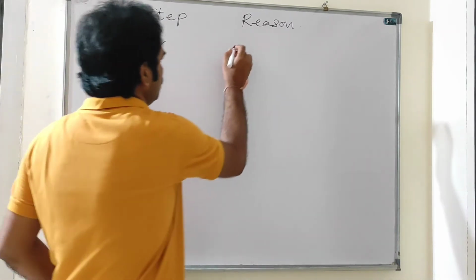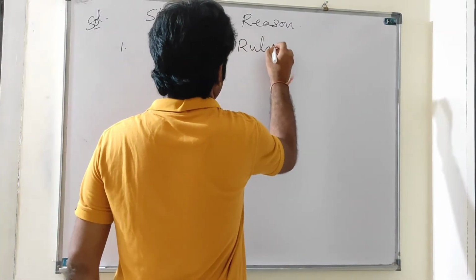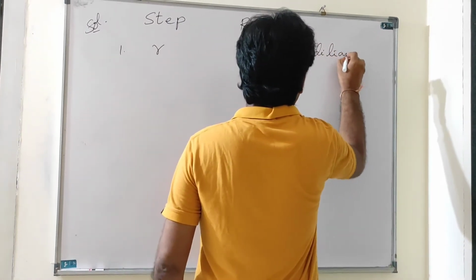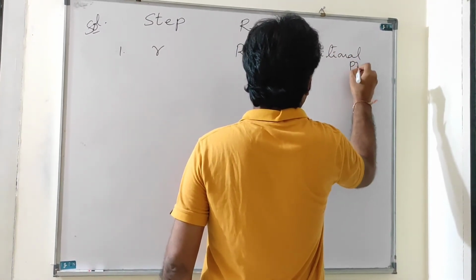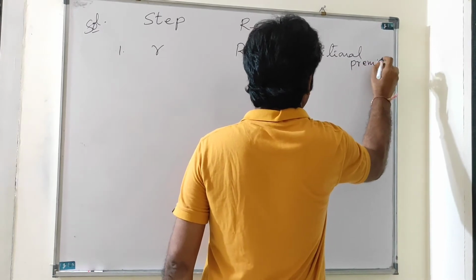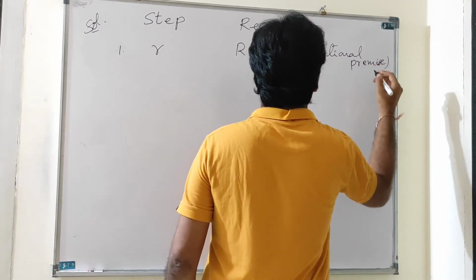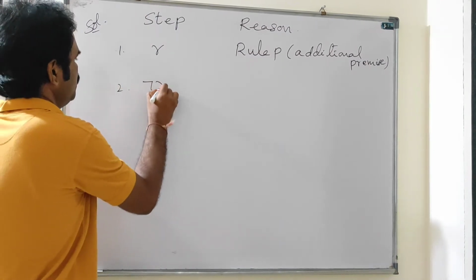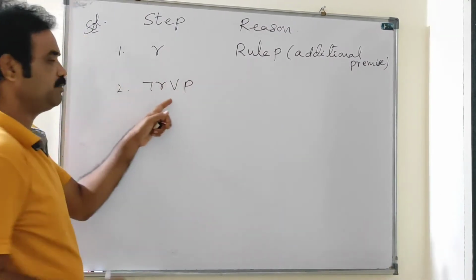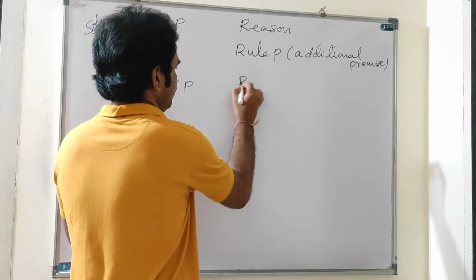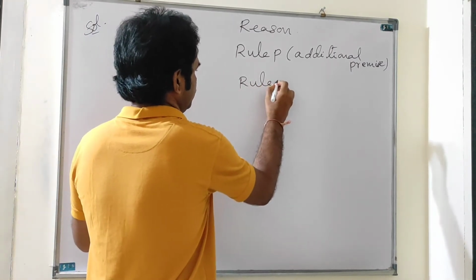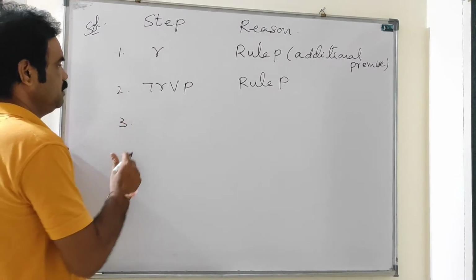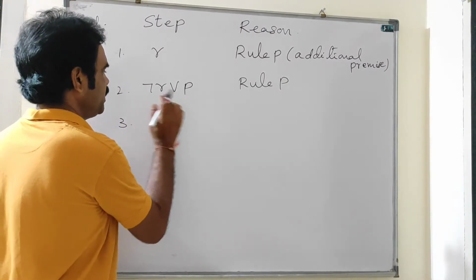R, rule P, additional premise. Next, negation R or P. This is in the given premises, rule P.